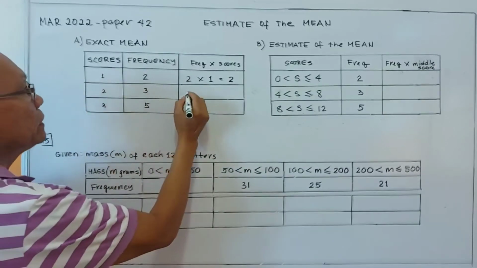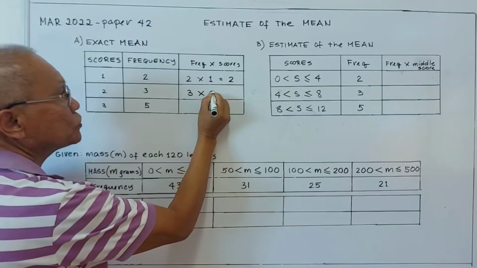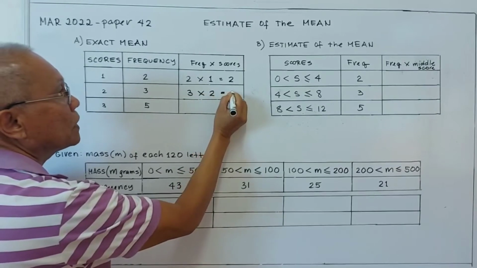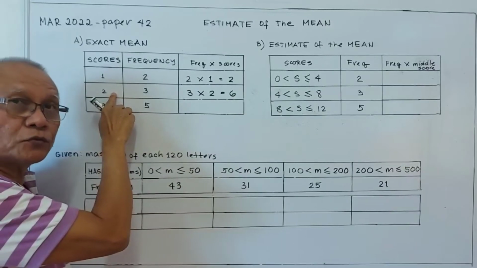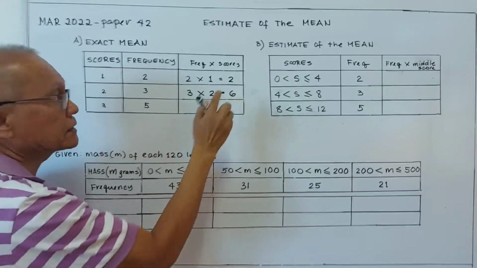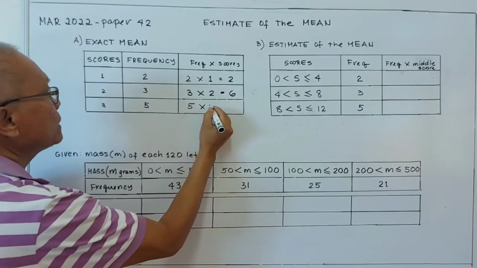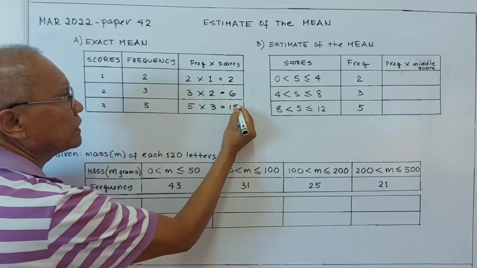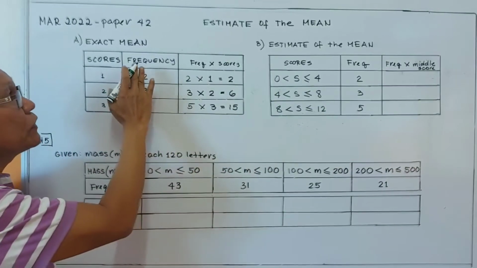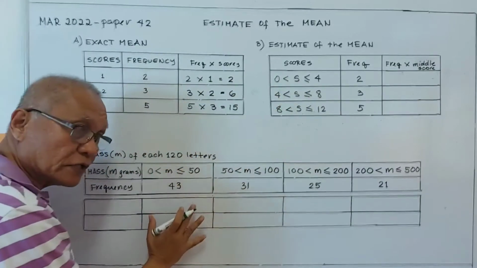Now here, we have frequency of 3 times 2 is equal to 6. It means we are adding 2 plus 2 plus 2 is 6. And this one is 5 times 3 is equal to 15. After multiplying the frequency and the scores, that's the formula for this and for this. They are all the same.